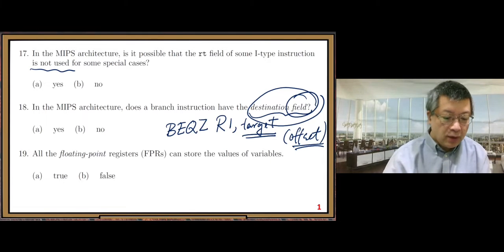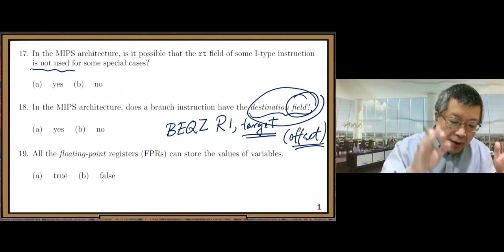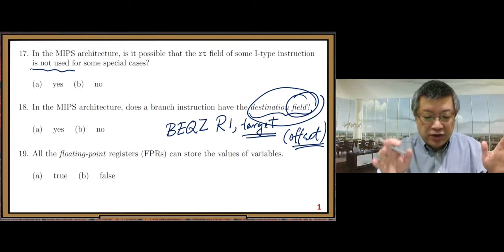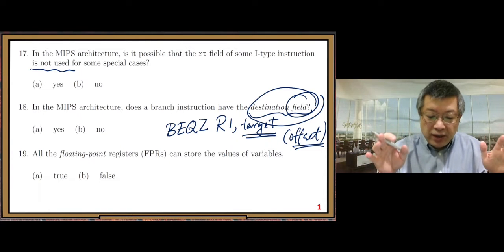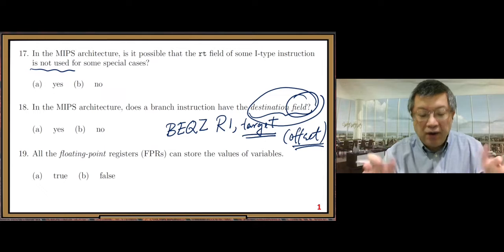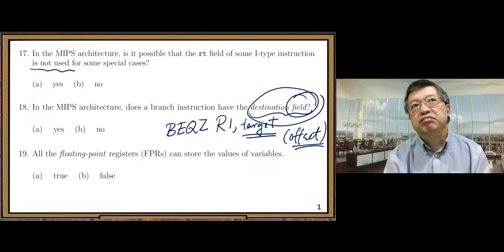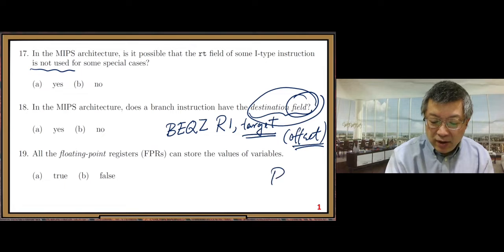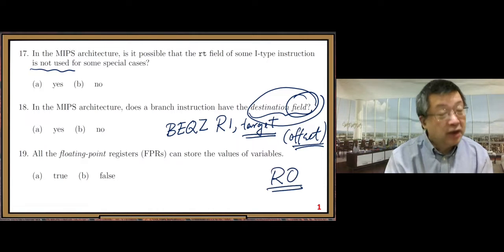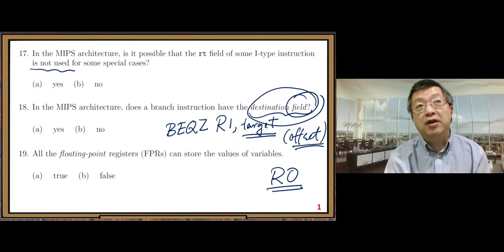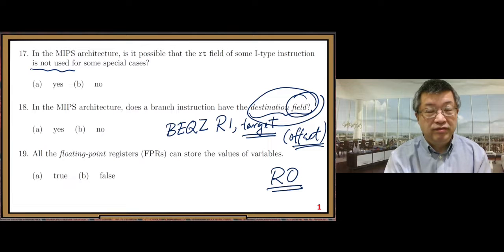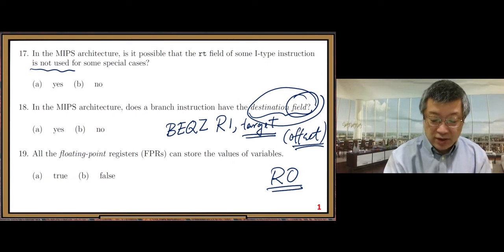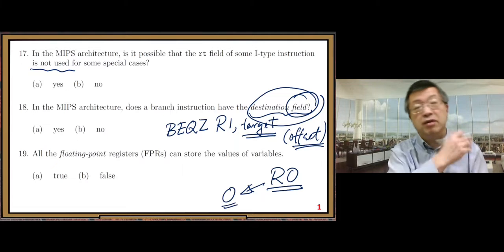All right. Number 19, all the floating point registers, FPRs, can store the value of variables. So here the background is, remember, R0 cannot store the value of a variable, right? Because it can only hold the constant 0 value.